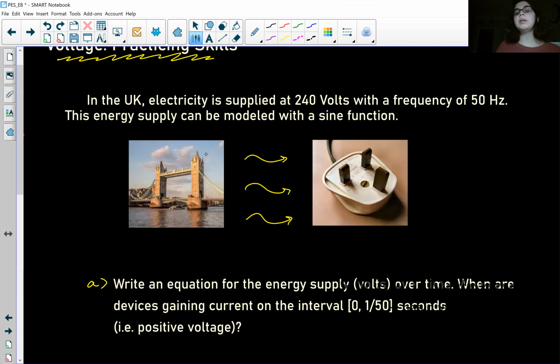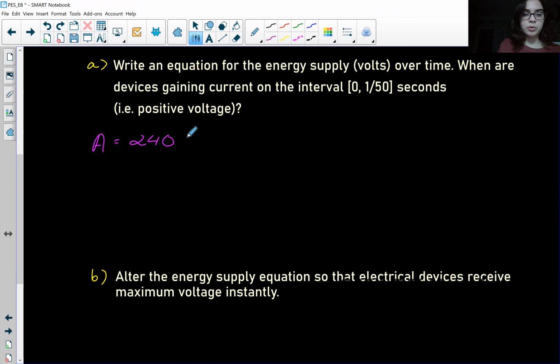So our amplitude is going to be equal to 240 volts.